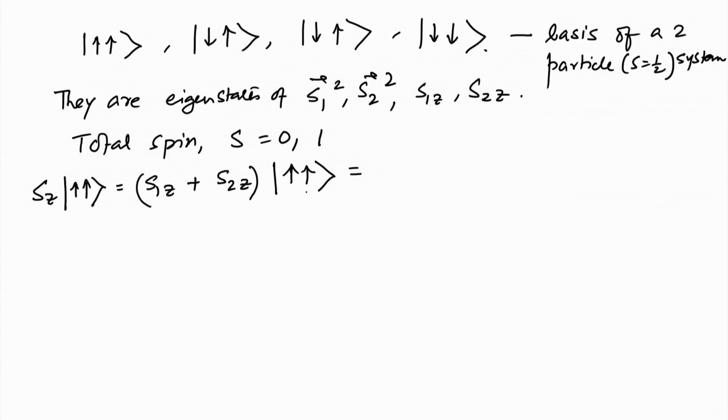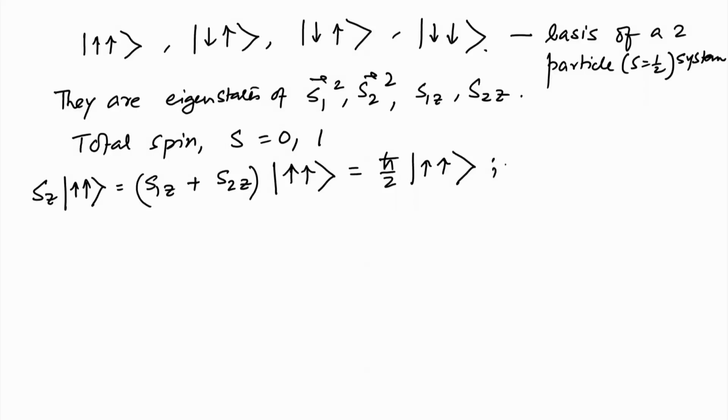This will give me H cross by 2 for each one of them, and I will get H cross times up, up. As we have said, these are eigenstates of these operators, so I get an eigenvalue equation: Sz acting on the up, up state gives me H cross as the eigenvalue and returns the up, up state as well.